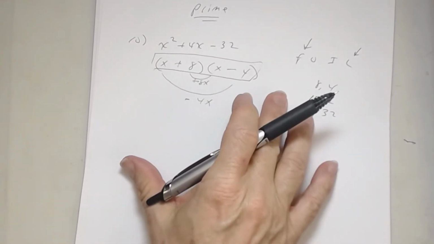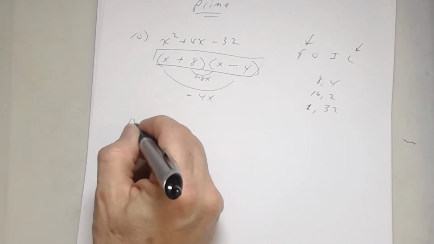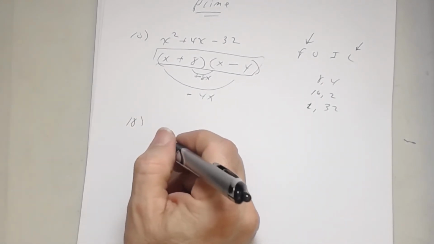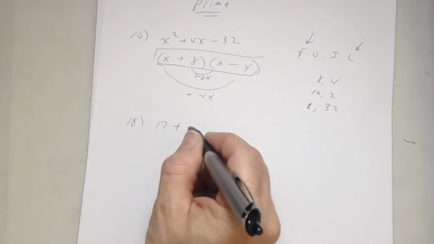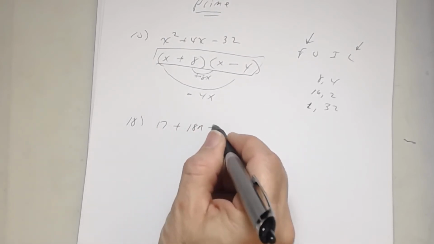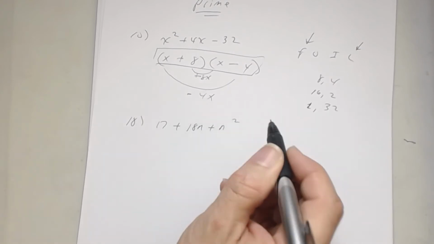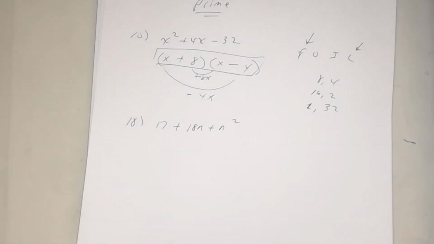Okay, let's look at 18. It'll look like this: 17 plus 18n plus n squared. In all the problems we've done with this, notice that the quadratic trinomial was written in descending order.